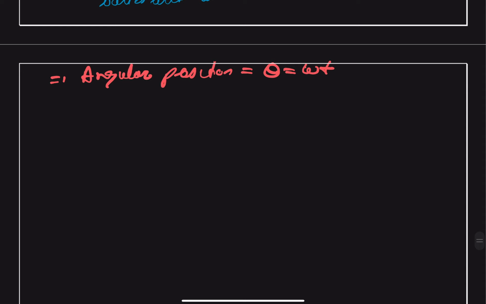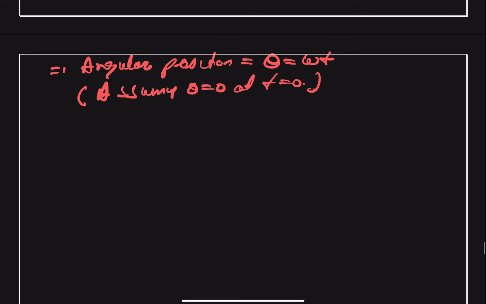And in the figure it is also given that it is in the xy plane. So here we can just write, assuming theta is equal to 0 at t is equal to 0. So we are mainly interested now in the area vector, its z component, because our magnetic field is in z direction.